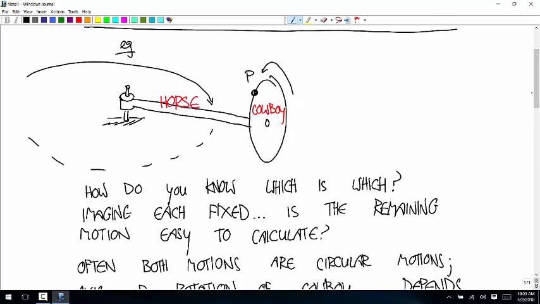Okay, so let's think about this example. So first, I've already labeled these. The disc motion is riding the motion of that bar. But let's imagine that it was the other way and just see what happens.